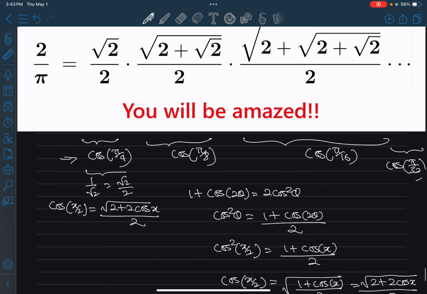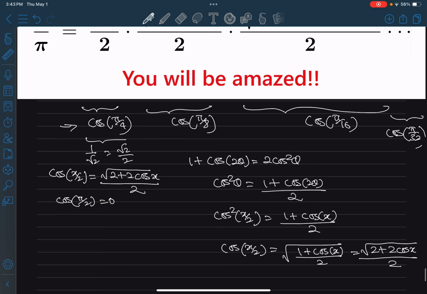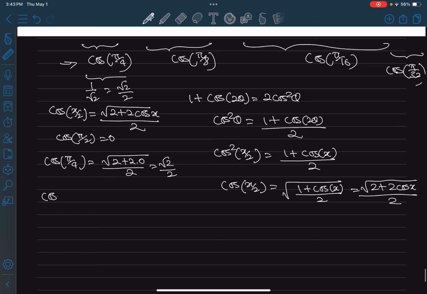Now, we know that cos of pi by 2 is 0, right? From there, we can find cos of pi by 4. That will just be the square root of 2 plus 2 into 0, divided by 2, which gives us root 2 by 2 as expected. Now we can also find cos pi by 8, right? And now we will see the benefit of writing it this way.